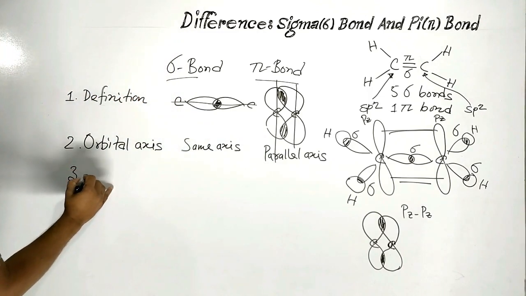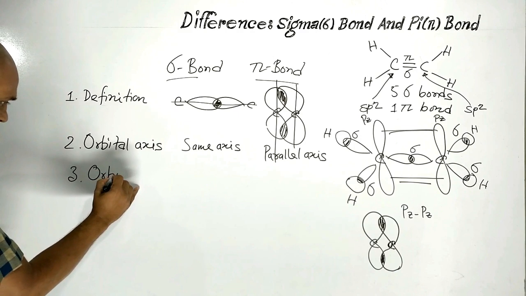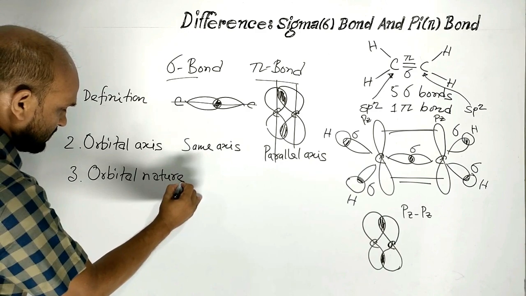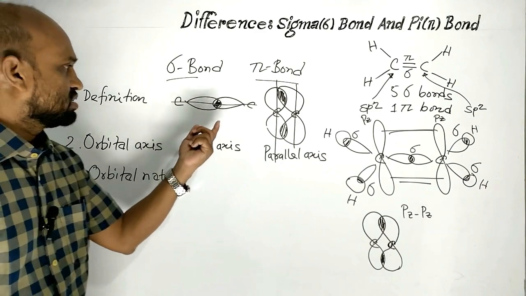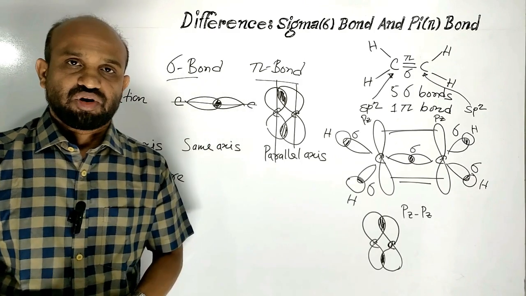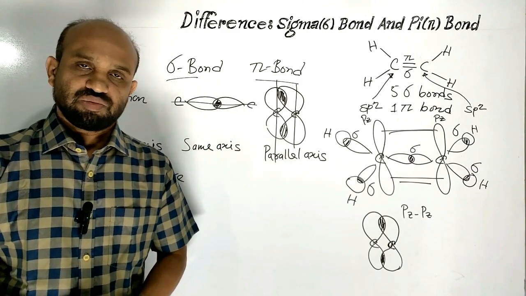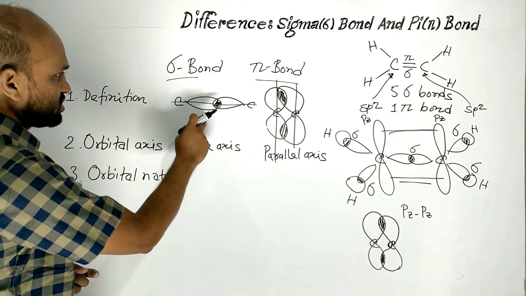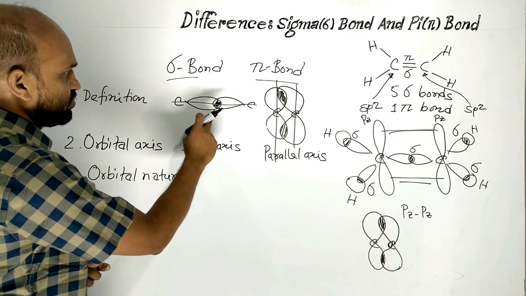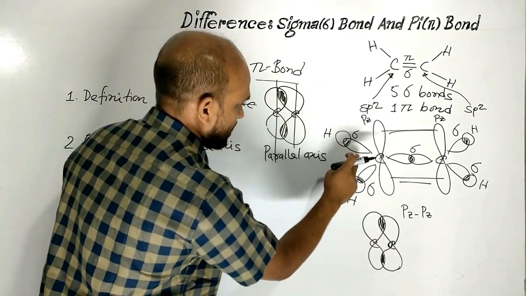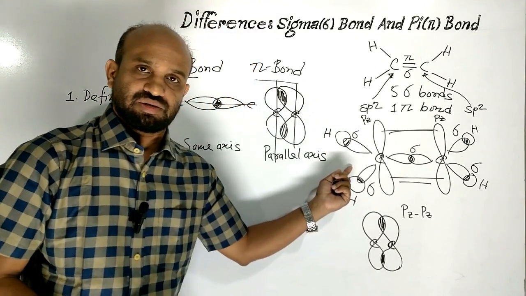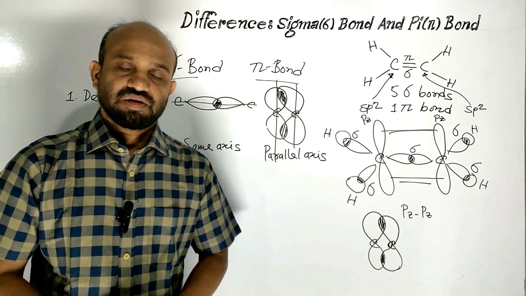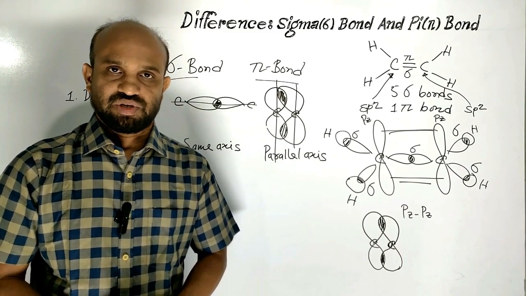Then orbital nature. Orbital nature means which orbitals can form sigma bond and which orbitals can form pi bond. Here we see that sigma bonds are formed by hybrid orbitals and by hybrid and pure orbitals.